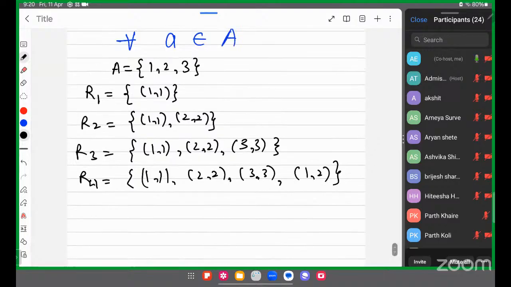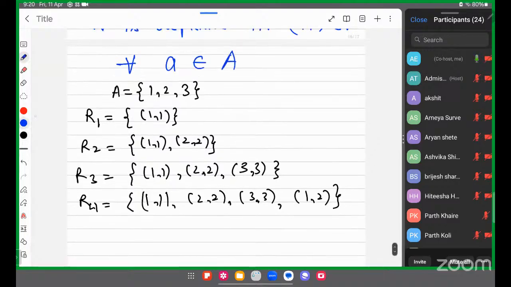This is R4. So what do you think about R1? Is it identity relation? No. R1 is not identity relation because there are two elements in set A, 2 and 3, which are not in relation with itself. Is it reflexive?